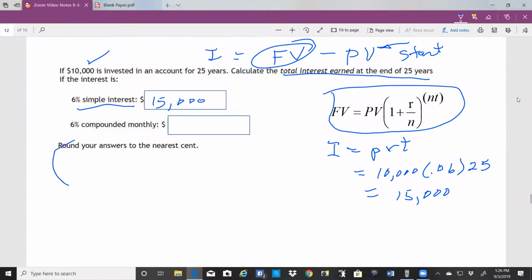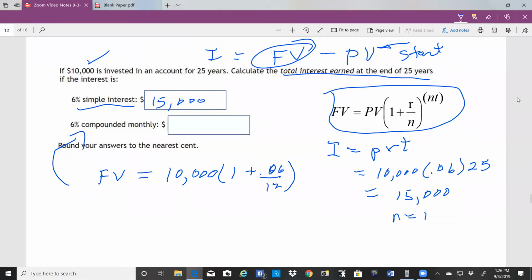Now we're going to do it compounded monthly. So we need to calculate the future value from which we will subtract the starting value of 10,000. So the future value is equal to 10,000 times 1 plus 0.06 compounded monthly, to the NT.